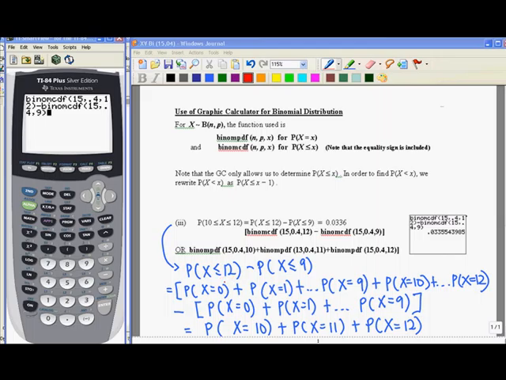From here, notice only when we do this, then we can calculate the probability when X is from 10 to 12. So using our GC, we calculate as follows. Enter. This is the probability required.